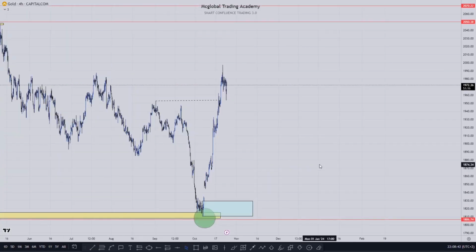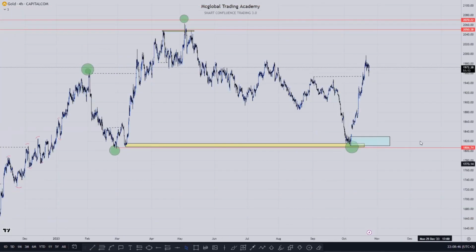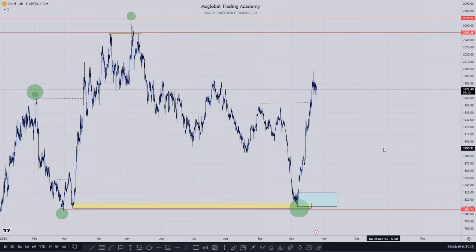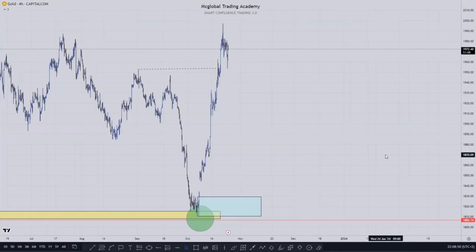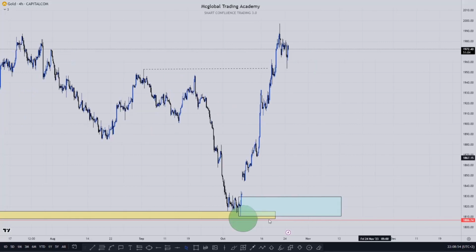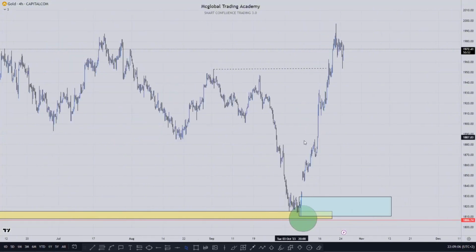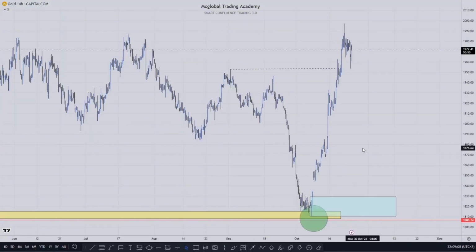So we are simply anticipating a continuation to the upside. But we don't just buy anyway. We wait for confirmation, especially here in this zone. That's a very good zone to buy. I mean gold, I'm not saying Nasdaq.